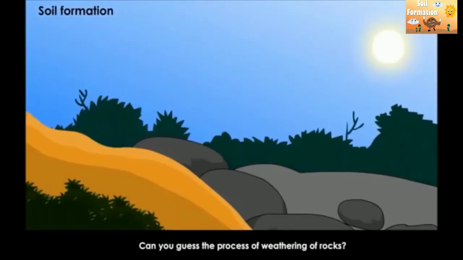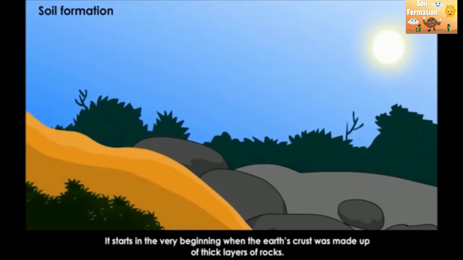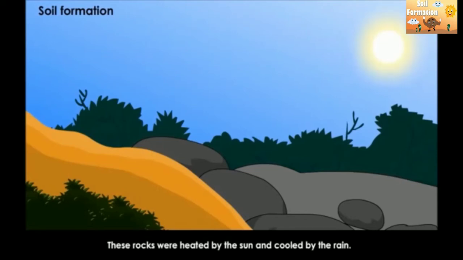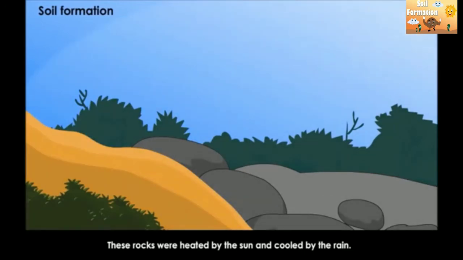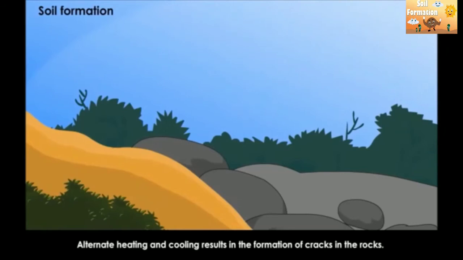Earlier, there were huge layers of rocks. It started in the very beginning, when the Earth's crust was made up of thick layers of rocks. Because of the sun and rainfall, this alternate process of high heat and cooling down by the rain, the rocks started to form cracks in them.